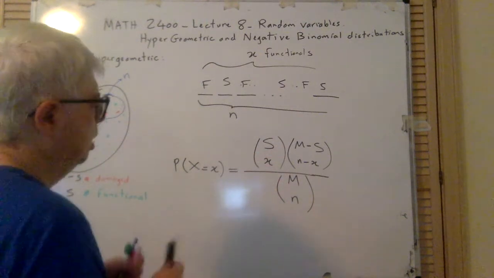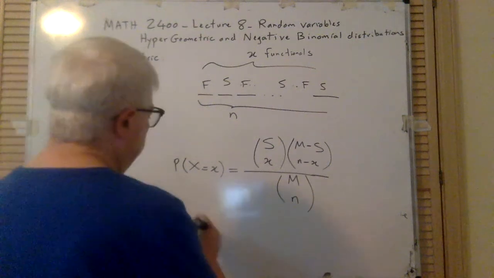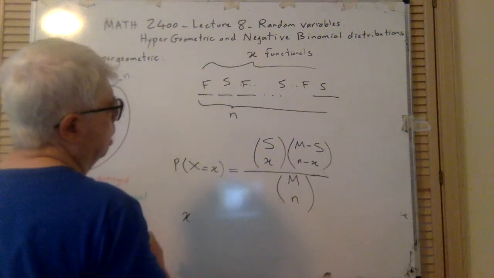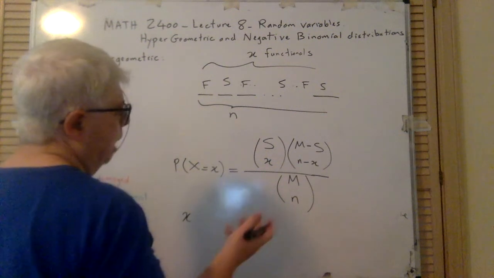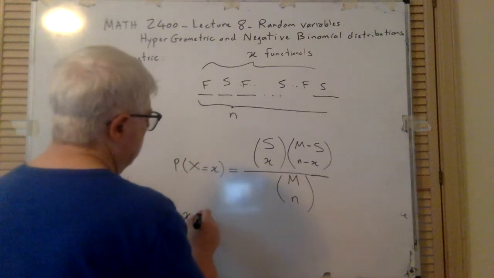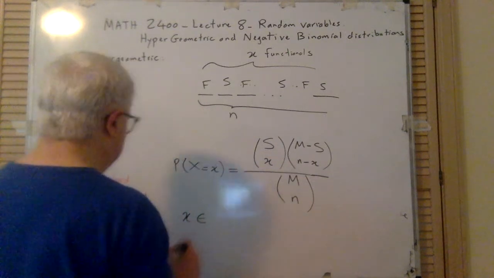Now this x can't be more than n, right? First of all, and also the n can't be more than the whole warehouse, and there are some restrictions. So x belongs to this.